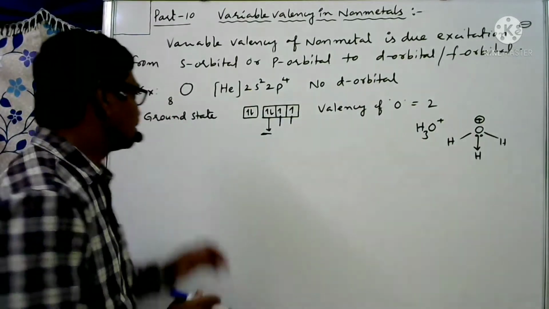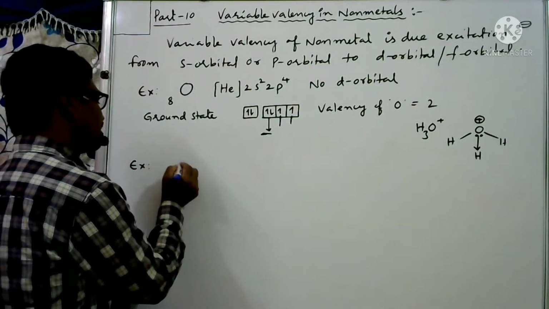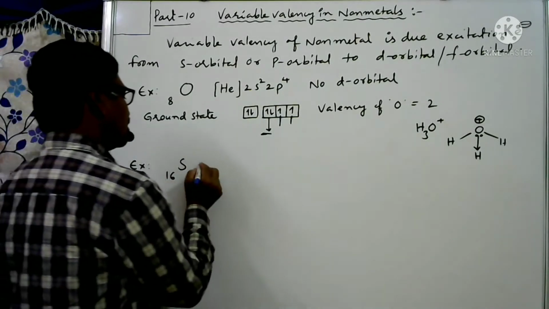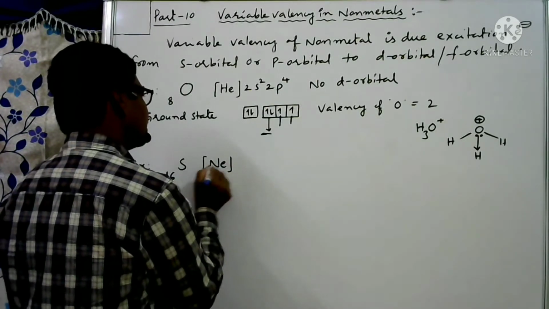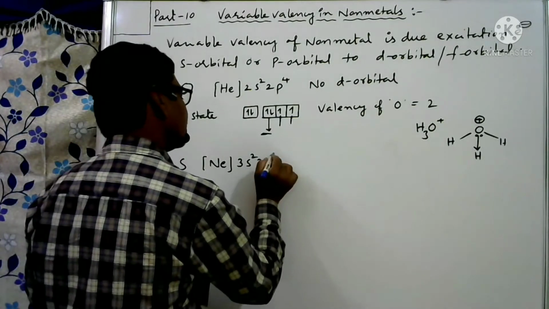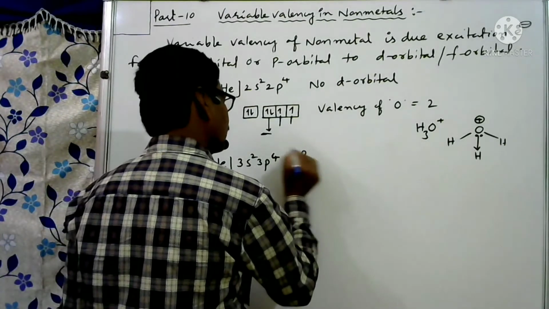But below this we have one more atom in the same family, that is sulfur. Atomic number is 16. So here also I am writing electron configuration by taking neon 10 electrons, then 3s2, 3p4, and 3d orbital also present, but 0.